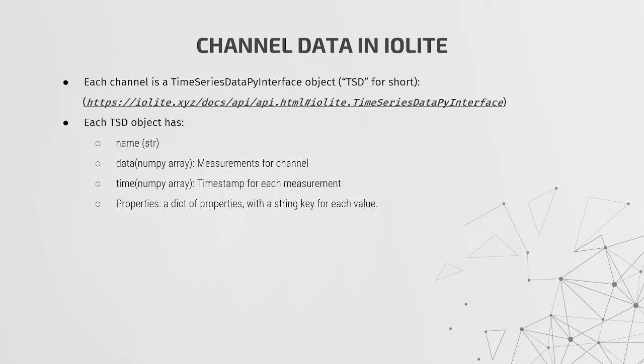Each time series object has a name, describing what the channel is called, and it has a data array, which is a NumPy array, which are the actual measurements for the channel. It has a time array, which is the timestamp for each measurement, and it also has a dictionary of properties, with each value having a string key. So let's have a look at one of those in Iolite.